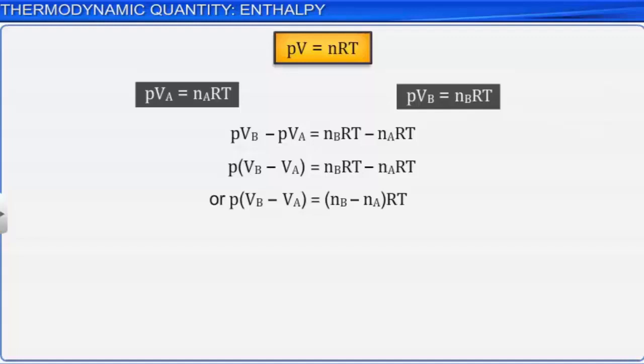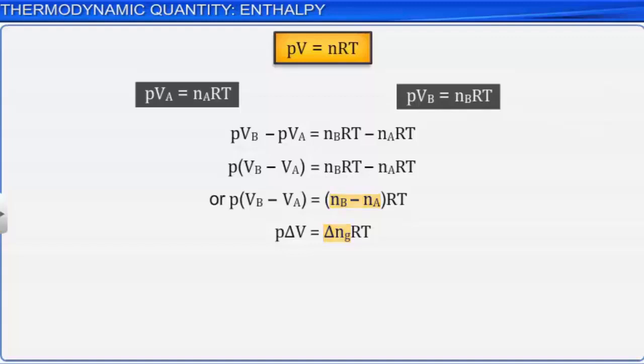That is, pressure P multiplied by change in volume, delta V, equals change in number of moles of gas, delta n_g, RT. Note that delta n_g is the number of moles of gaseous products minus number of moles of gaseous reactants.